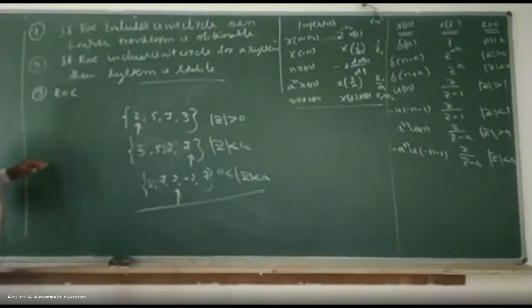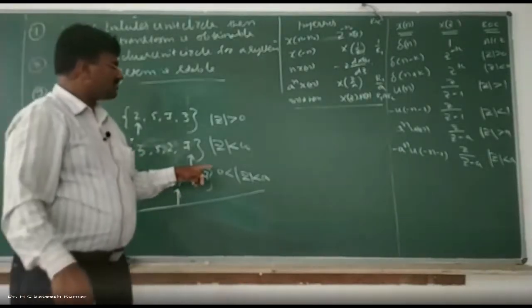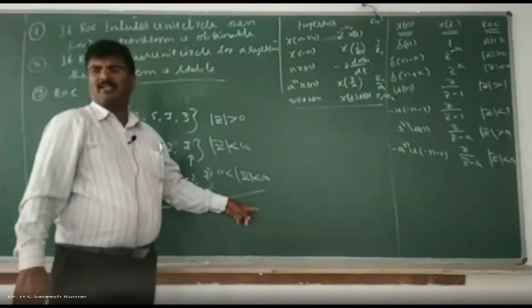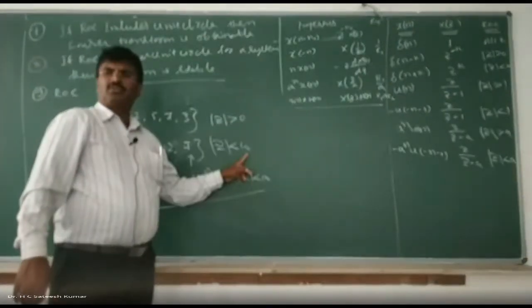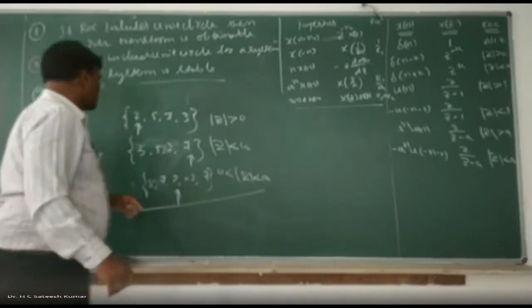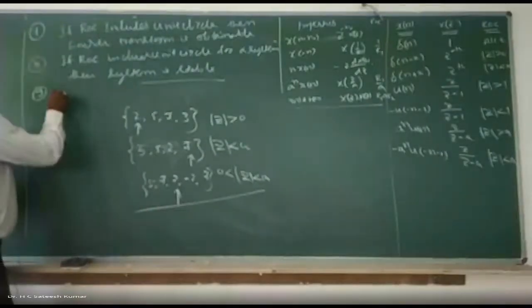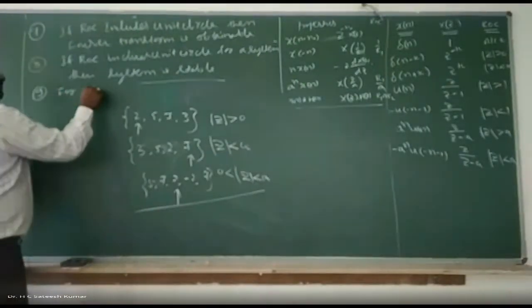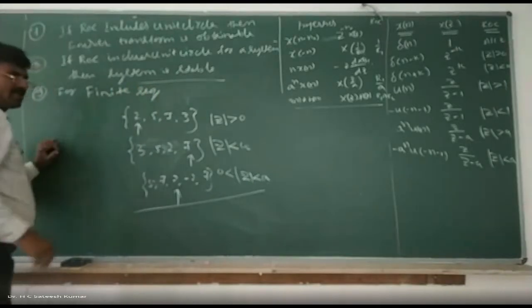Okay, right. That means all these are finite sequences. For finite sequences, ROC is the entire z plane except z is equal to 0 or z is equal to infinity or z is equal to 0 and infinity, right? So for finite sequence, the ROC property for finite sequence, in my notes, this property I gave as third, I think.